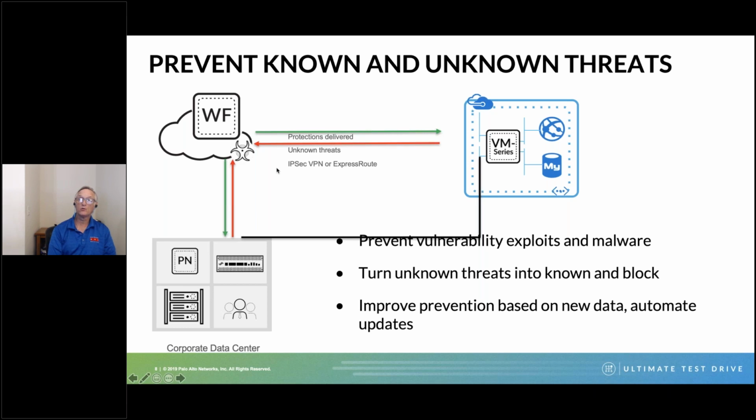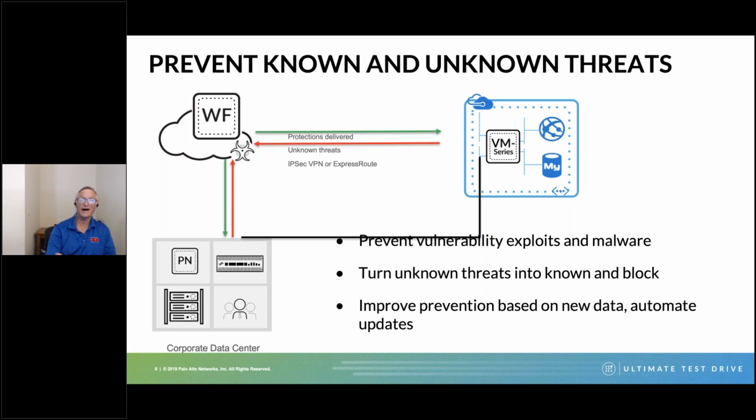Wildfire is a process by which when a file traverses the firewall, Palo Alto runs a hash on that file and says, hey, do I know about this file? If Palo Alto knows about this file, then it makes a decision based on a setting that you defined as to what to do with it. If Palo Alto doesn't know about this file, it asks its cloud environment, its advanced threat protection cloud, and says, hey, do you know about this file?